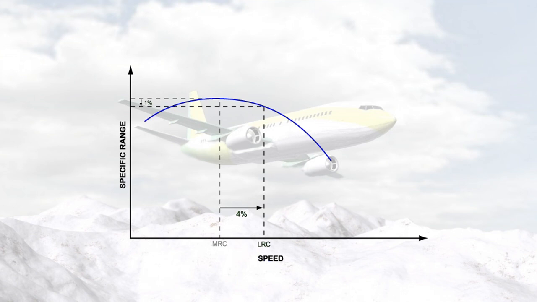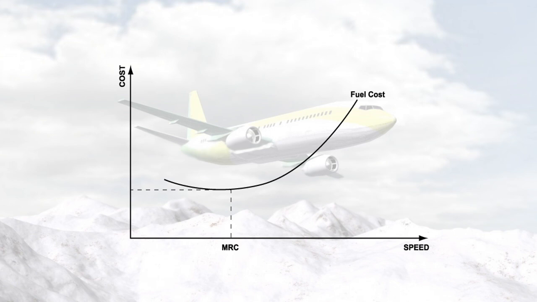The next two speeds are used in reference to describing the range of the aeroplane and were actually mentioned in the en route lesson of the General Performance Principles section. These two speeds are the maximum range cruise speed, MRC, and the long range cruise speed, LRC. When these speeds are referenced in terms of a Mach number, the abbreviation is changed to MMR and MLRC respectively.